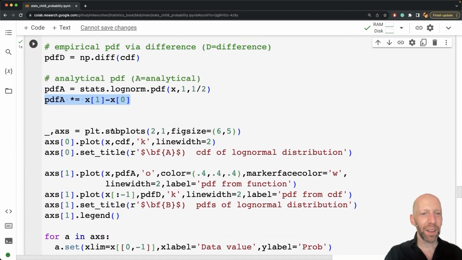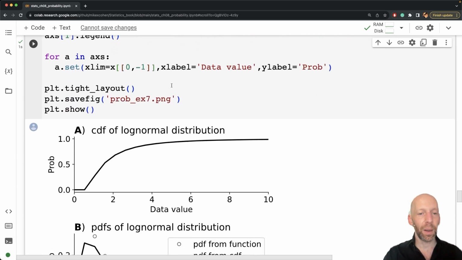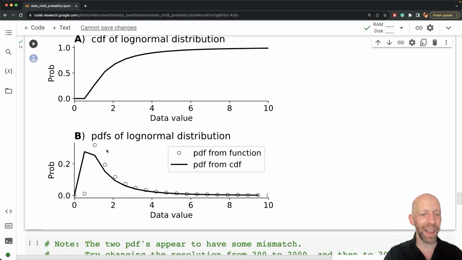Okay, so here I used 200 points, and so let's try 20, and I think you know what's going to happen here. So when we use a much coarser resolution, so we're sampling many fewer points on the x-axis grid, then you can see, it's painful to look at. It's so ugly. But clearly there's a huge mismatch. I mean, it sort of is consistent down here, but these values are very, very close to 0.